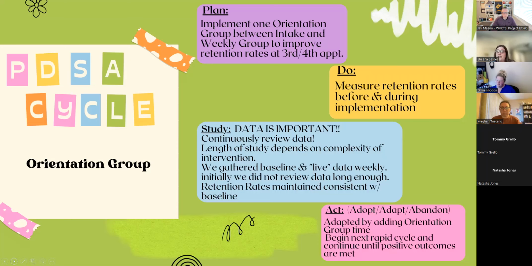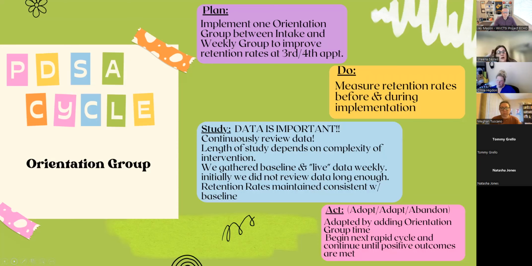The length of the study time depends on how detailed or how complex your implementation, your intervention, is. If it's something fairly simple, you could probably do a quick study in a couple weeks, but our orientation group was quite complex.